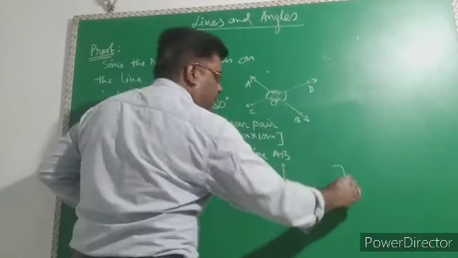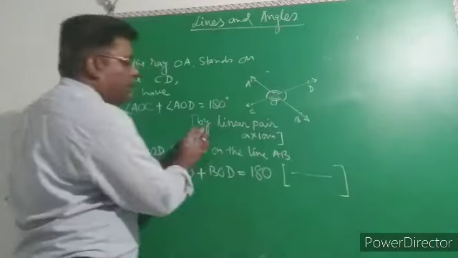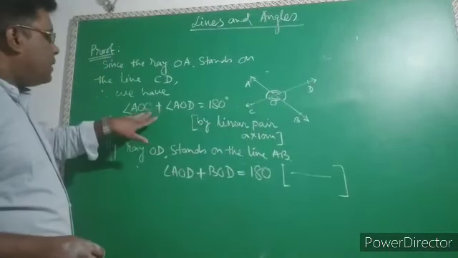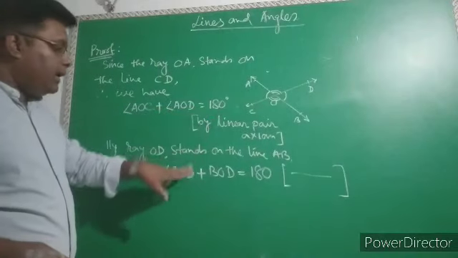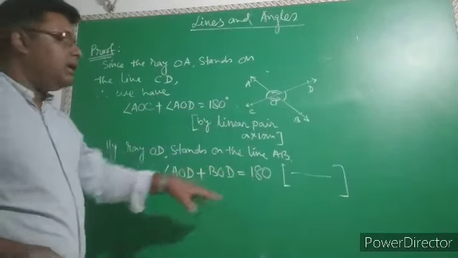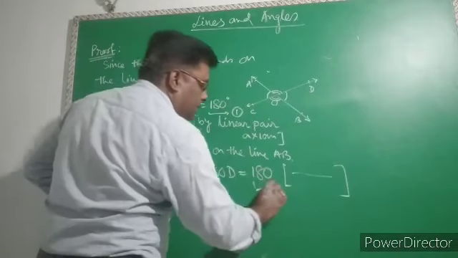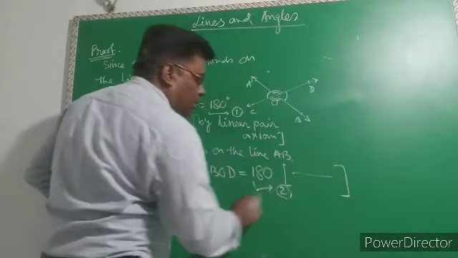You can write the same by the linear pair axiom. Now we get that the sum of these two angles is 180 and the sum of these two angles is also 180. So give this equation as number 1 and this equation as number 2.